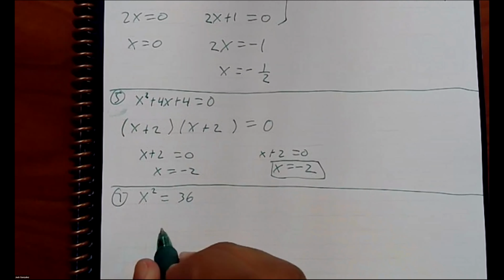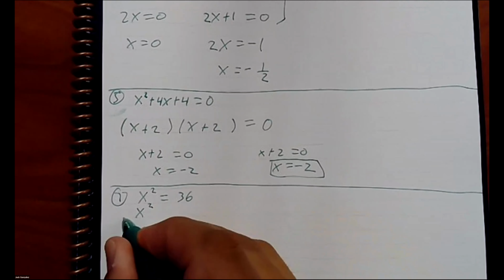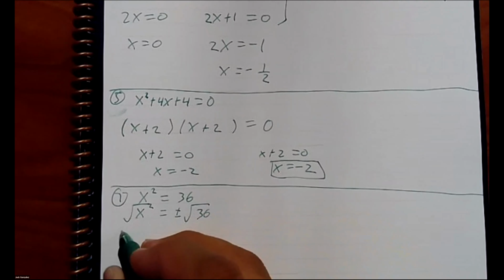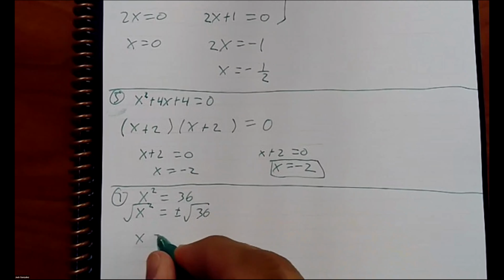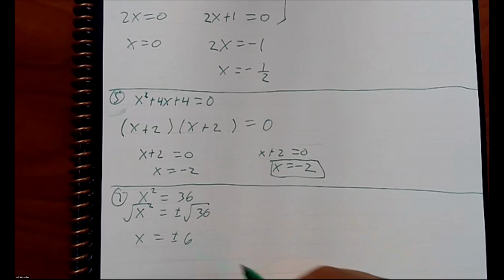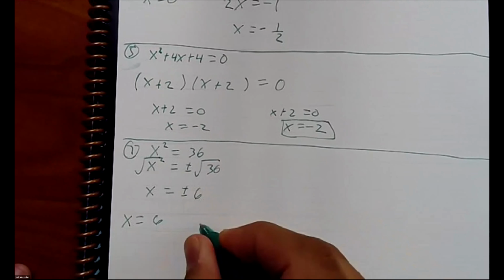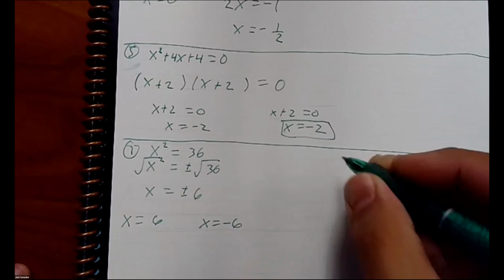So if I were to square root both sides, whenever you square root both sides, you have to tack on plus or minus. Square root and square root cancel, leaving you with plus or minus 6. So basically this means that x is 6, x is negative 6.